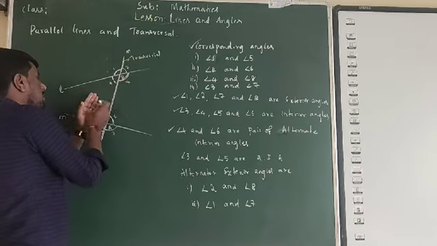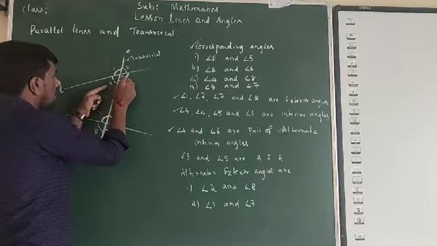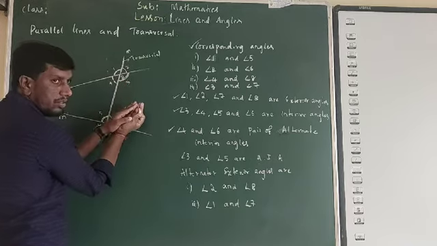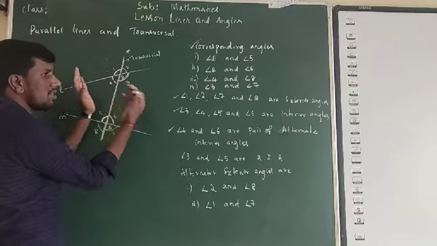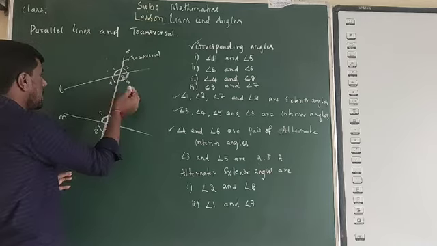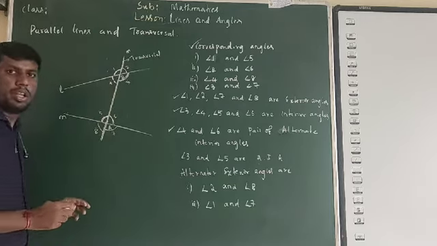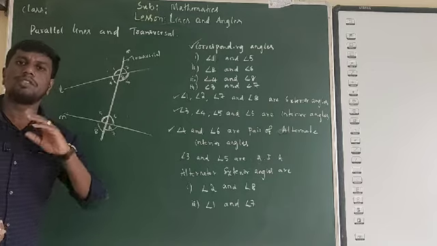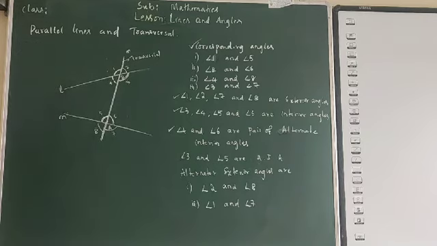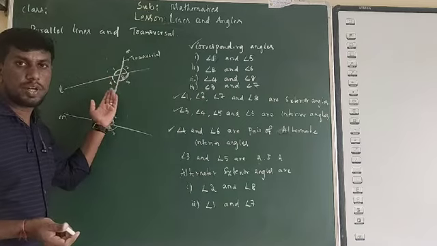Both will be on the same side. Similarly, 3 and 6 are both on the same side. Both angles are on the same side. I'm sorry, not alternate angles: interior angles on the same side of the transversal.